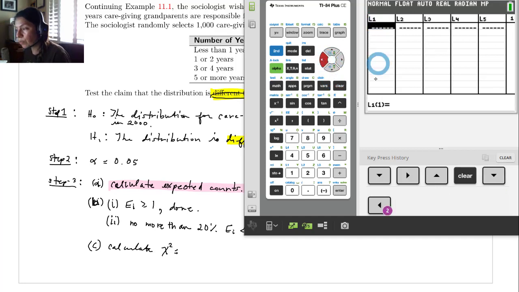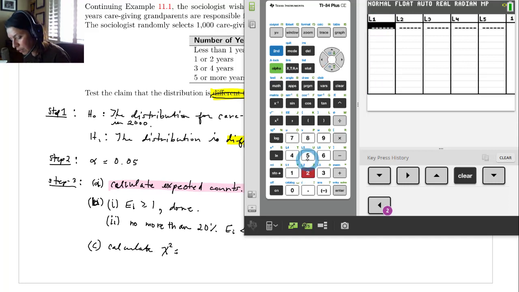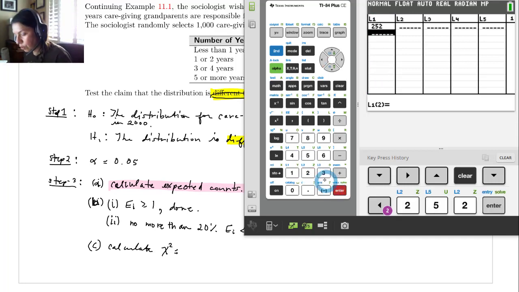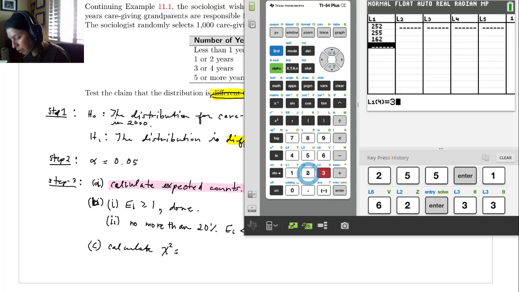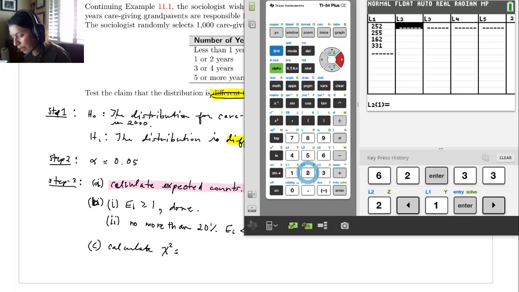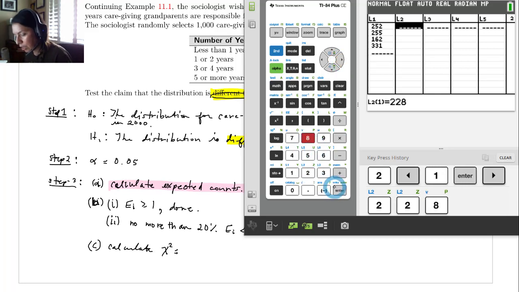Okay, so in list 1, we're going to put the observed, which is 252, 255, 162, 331. And then in list 2, we'll put the expected counts, 228, 239, 176, 357.